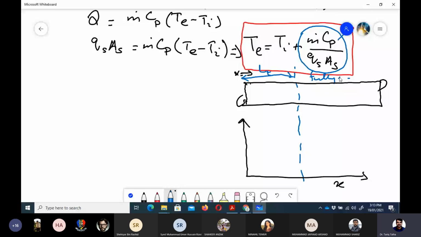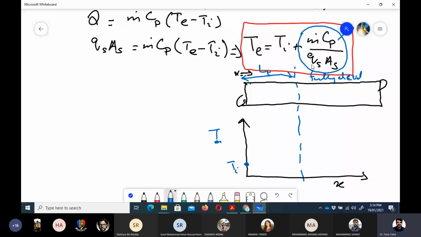Right. So now I am going to write the mean temperature. So at the inlet we have got Ti, and then what about Te? The slope of the line would be equal to Qs into As upon m dot Cp.